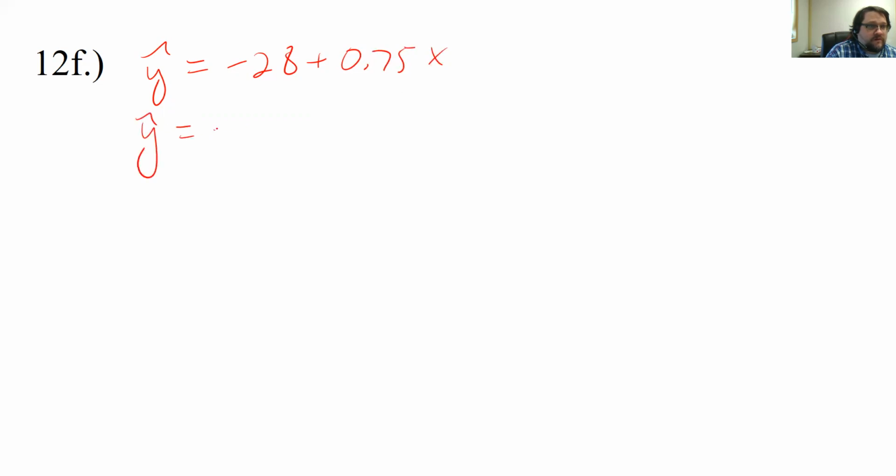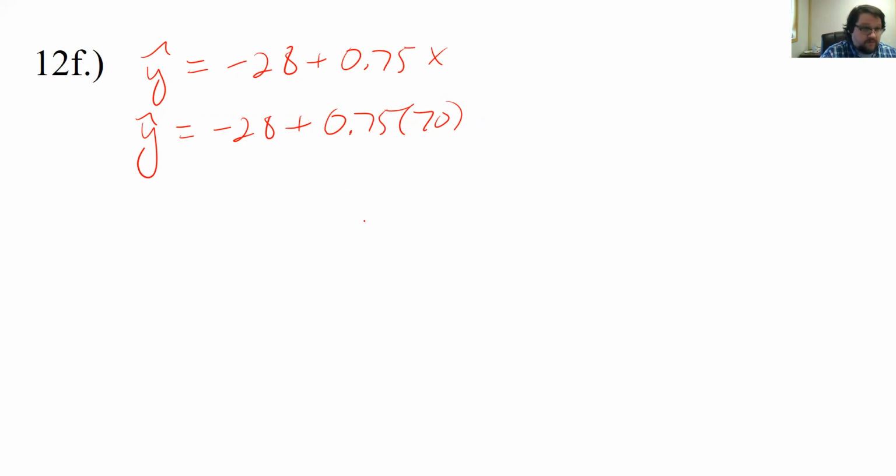So let's see what we would get if the person was 70 years old. We're just going to calculate that. Negative 28 plus 0.075 times 70.